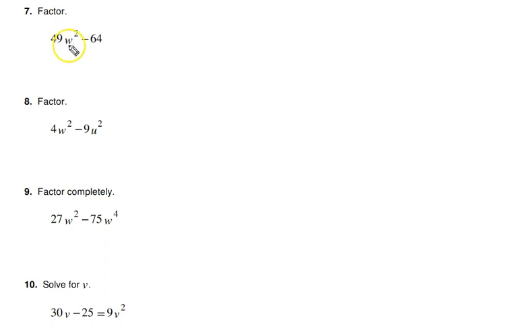So as we inspect this, it's two terms, a negative. This is a perfect square, and this is a perfect square. And you recall we said that a squared minus b squared, the difference of perfect squares, factors into its conjugates.